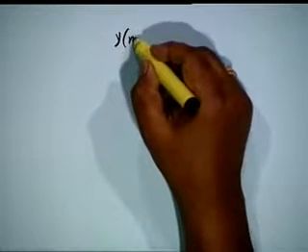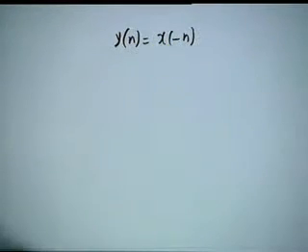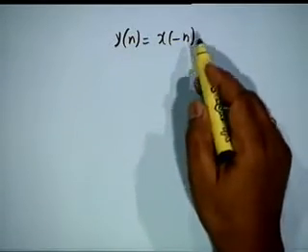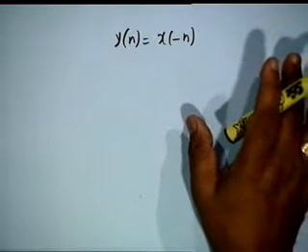You don't have to go further. That y of n equal to x of minus n is stable is obvious, because if x of n is bounded, y of n is bounded by the same quantity.